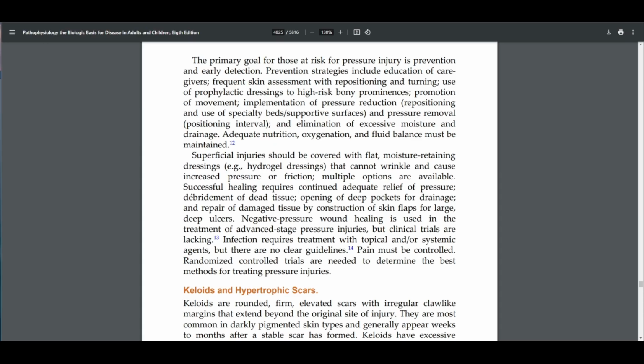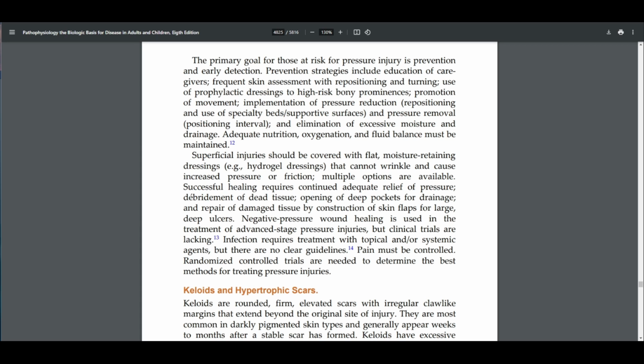Superficial injuries should be covered with a flat, moisture-retaining dressing that cannot wrinkle and cause increased pressure or friction. Multiple options are available. Successful healing requires continued adequate relief of pressure, debridement of dead tissue, opening of deep pockets for drainage, and repair of damaged tissue by construction of skin flaps for large, deep ulcers.